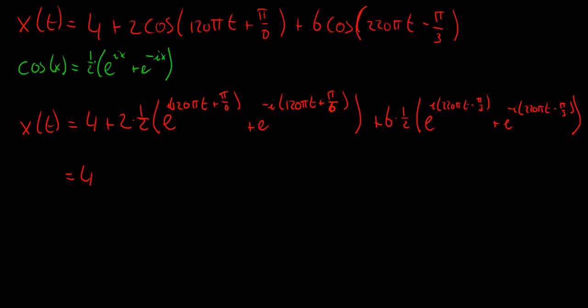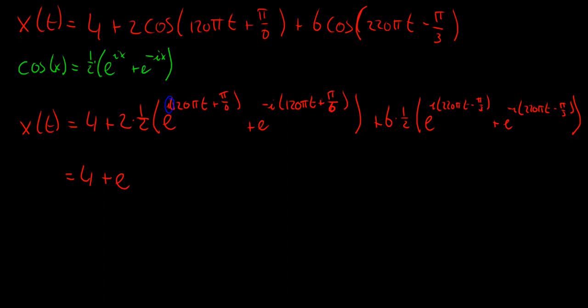So we get 4 plus, well, 2 times a half is 1. Then we get e to the power, and let's work out the brackets in the powers as well. And we can split up those powers instantly, which makes it so much easier. So let me color what I'm going to do.